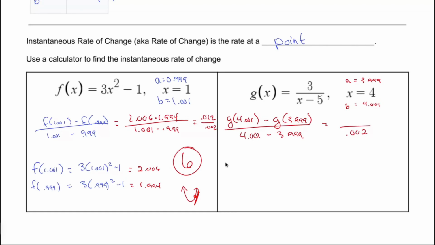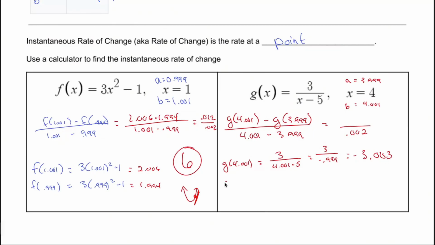But let's find out what G of 4.001 is. Okay, we would do 3 over 4.001 minus 5, which is going to be 3 over negative 0.999. And that's going to be negative 3.003.